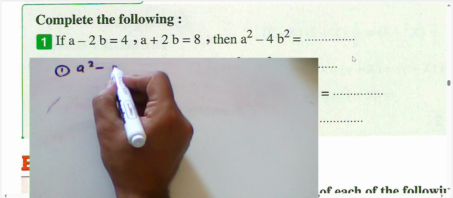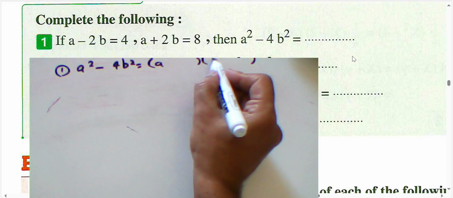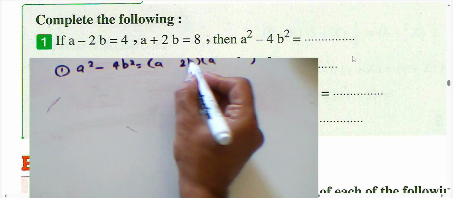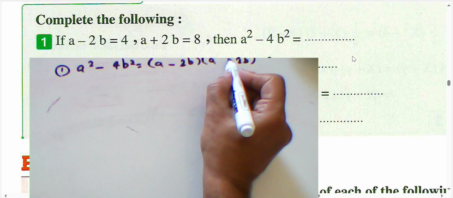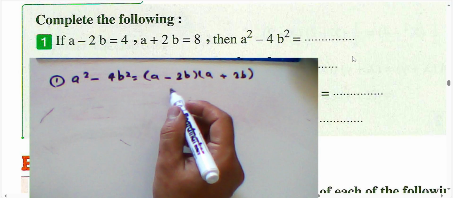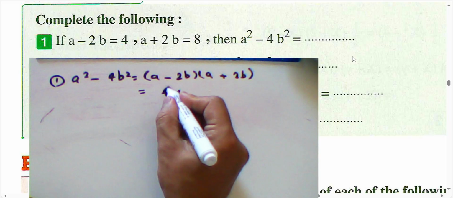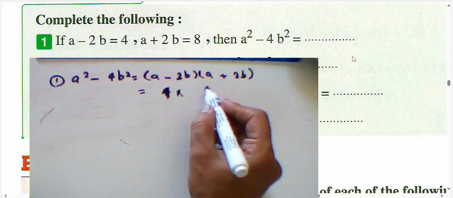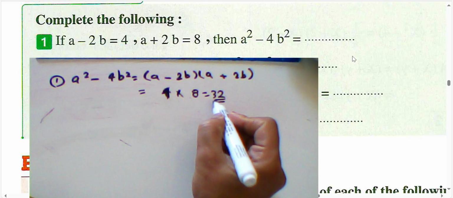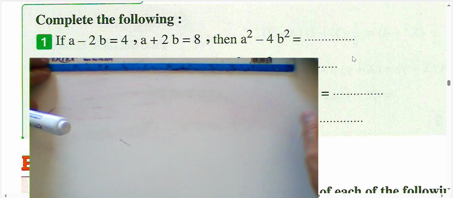Write a power 2 subtract 4b power 2. a times a equals a power 2, 2b times 2b, negative and positive. He gives us the information here: a subtract 2b equals 4, product by a plus 2b equals 8. 4 times 8 equals 32. Next question, number 2.